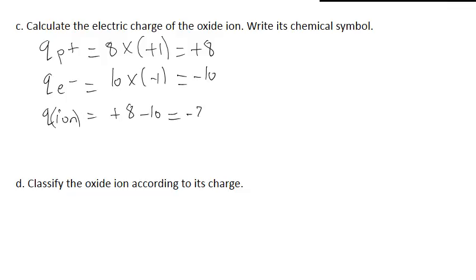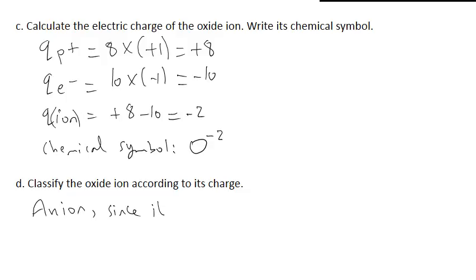Yes, minus 2. The chemical symbol? Yes, O minus 2. Very good. Dana, classify the oxide ion according to its charge. Is it an anion or cation? An anion. Why is it an anion? Since it has negative charge.